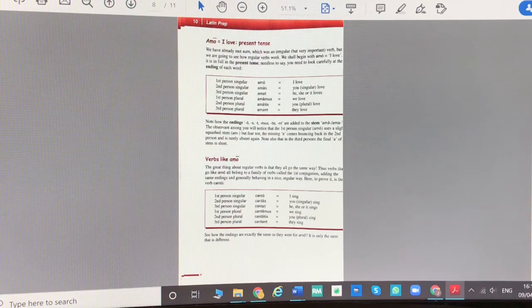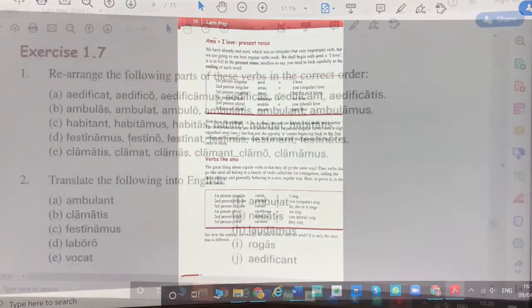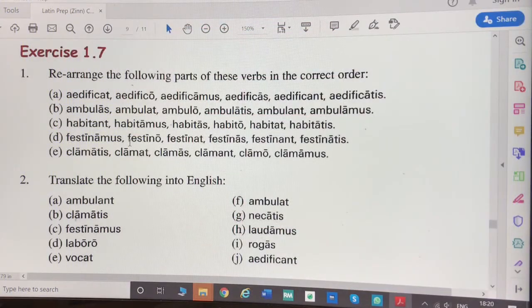Now let's go ahead to exercise 1.7 and practice manipulating these endings and using the verbs. So here we are at last, ready to tackle exercise 1.7 part 2, where we're going to translate 10 Latin verbs into English. 2a, ambulant, clearly made from a stem and an ending.